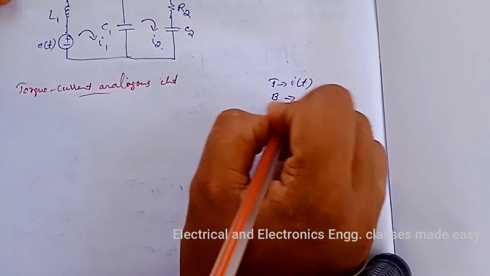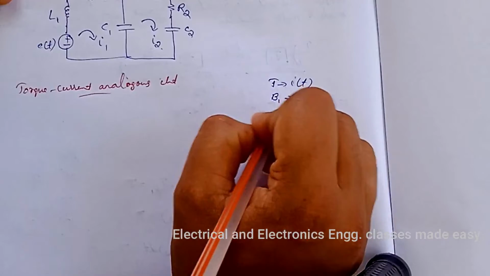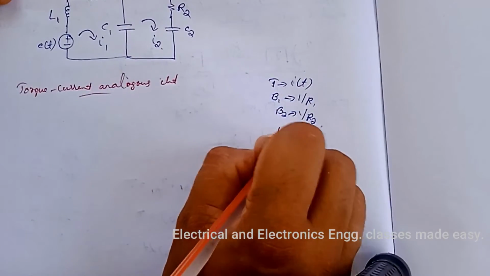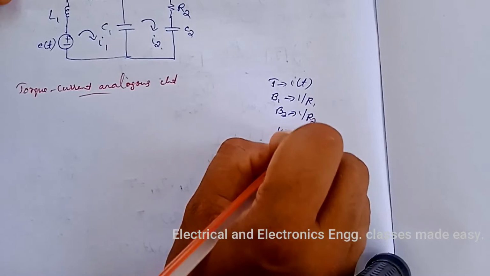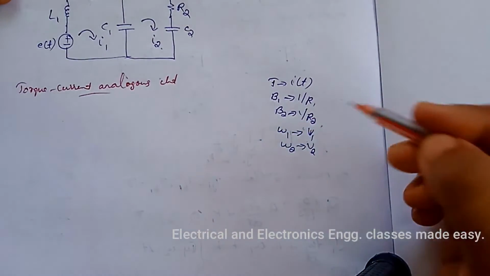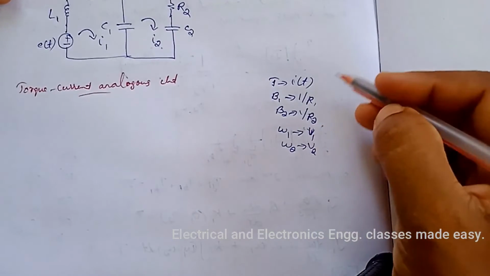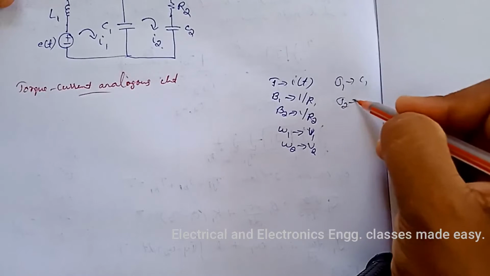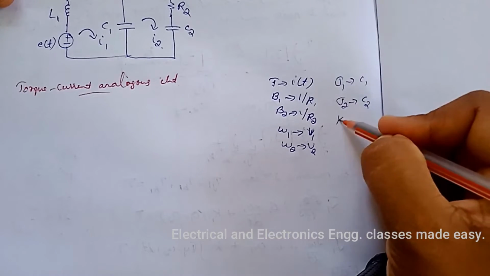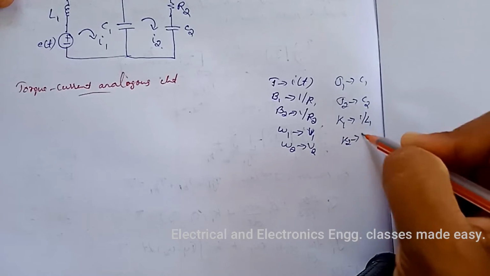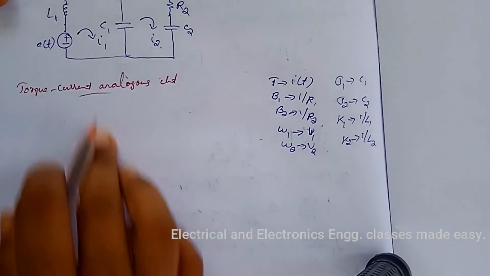Then B1 is analogous to 1 by R1, B2 is analogous to 1 by R2, then omega 1 is analogous to V1, omega 2 is analogous to V2, that is voltage. Then J1 is analogous to C1, J2 is analogous to C2, then K1 is analogous to 1 by L1, K2 is analogous to 1 by L2.